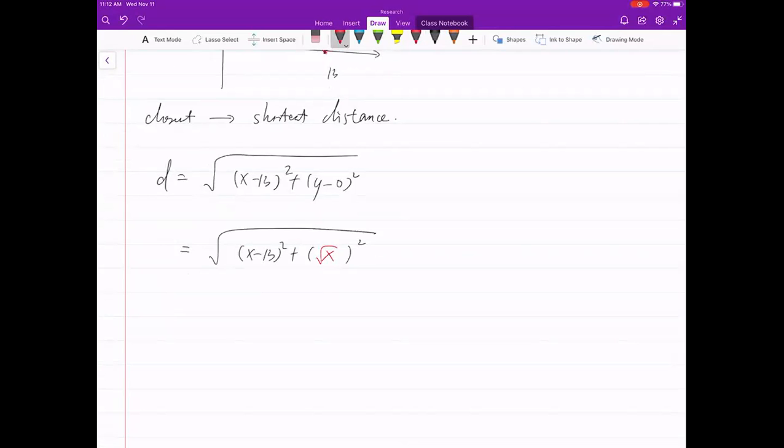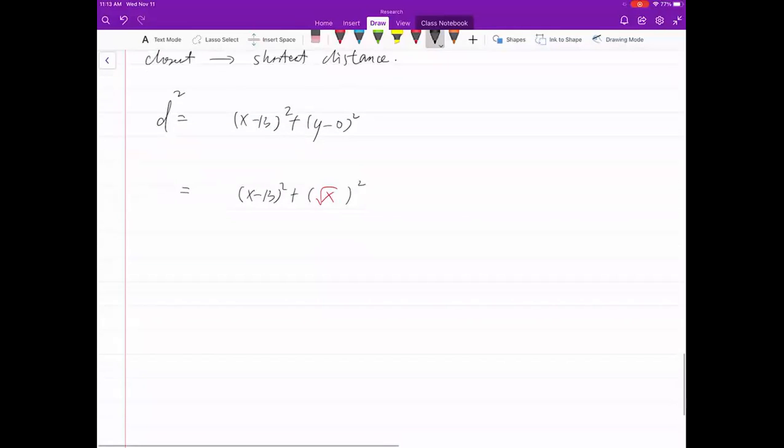Okay, once you have that, you just need to take the derivative and simplify. Like we said before, this is difficult because of the square root. Good news is if you can minimize the distance square, it's the same as minimizing the distance. So let's minimize this instead. Now everything becomes clear.